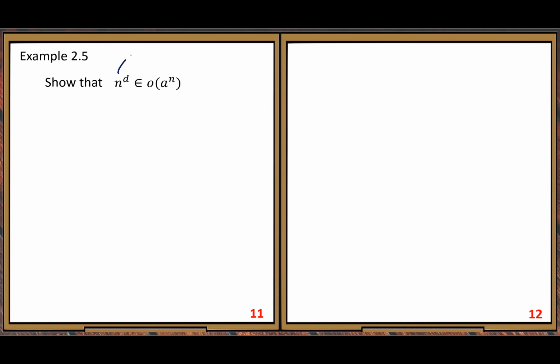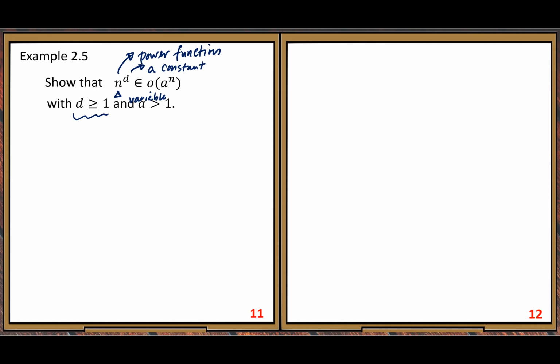Why do we call it a power function? n is a variable. d is not a variable, d is a constant. And for this constant d, we just require d greater than or equal to 1.